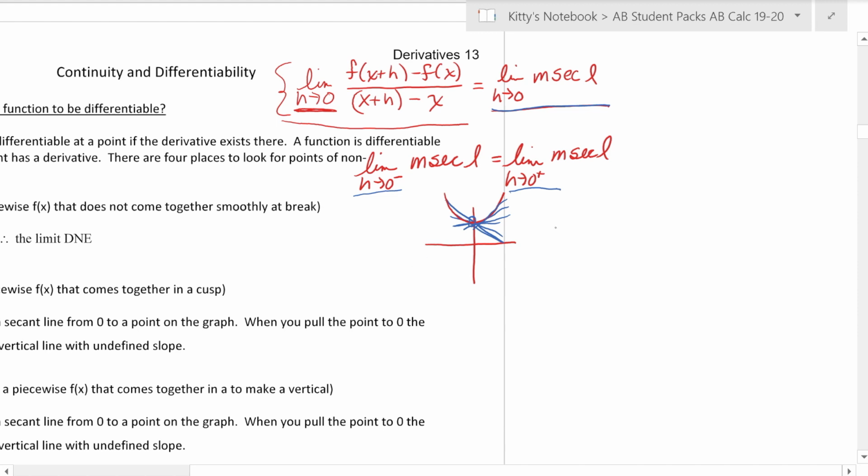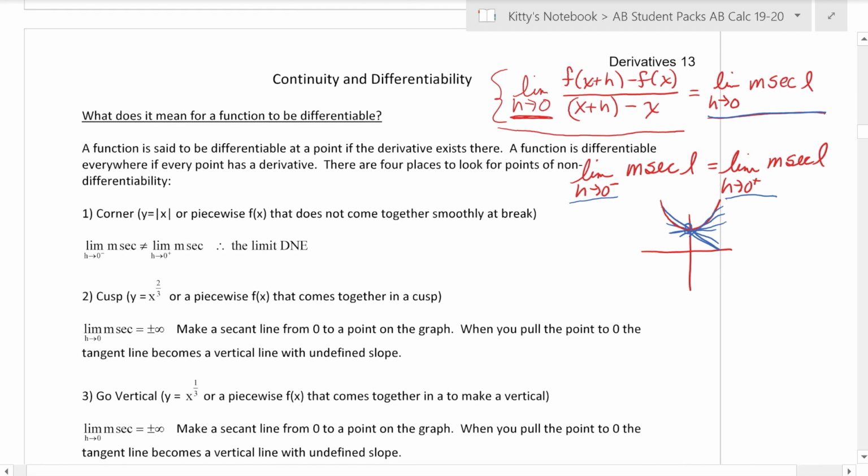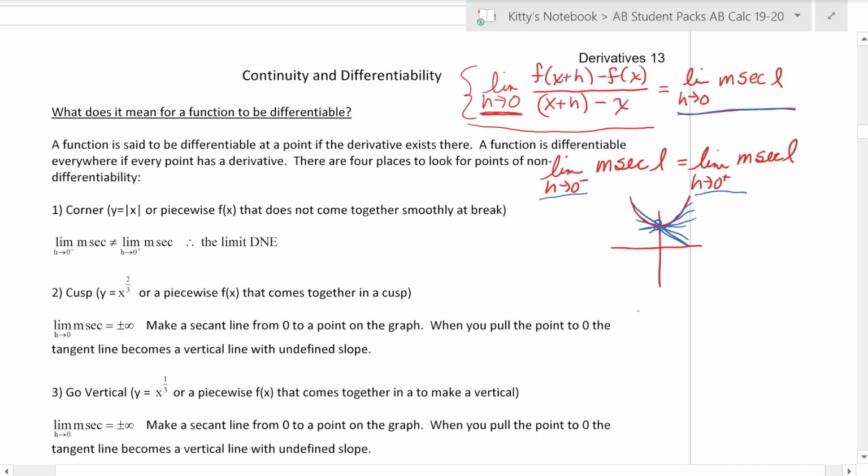So the limit as h approaches 0 of the slope of the secant line from the left would be the same as from the right. What you're trying to do is see if the slopes of the secant lines are the same coming in from both directions.